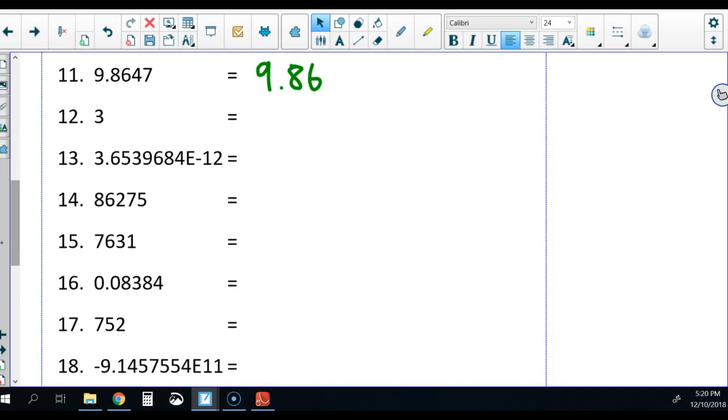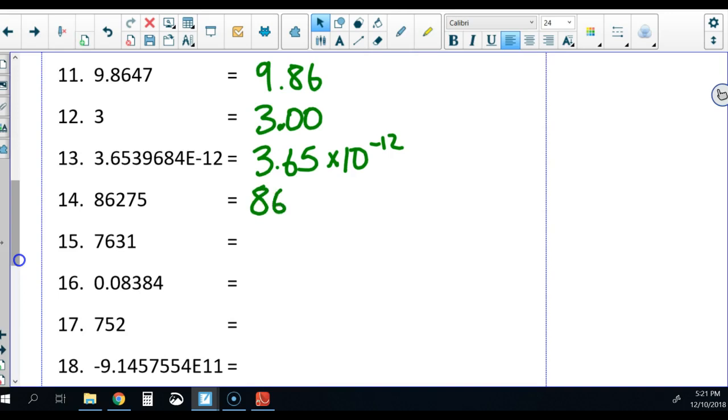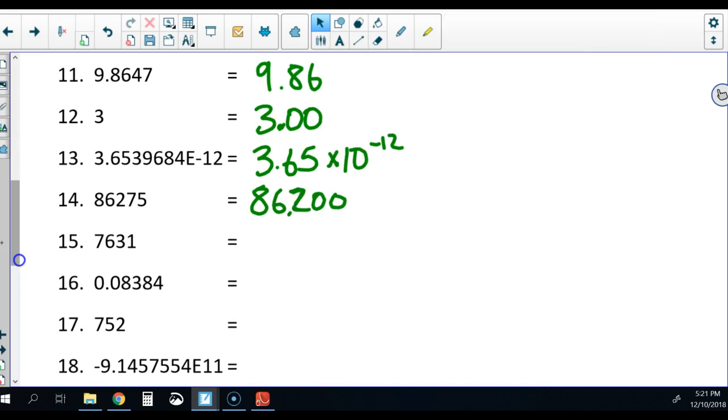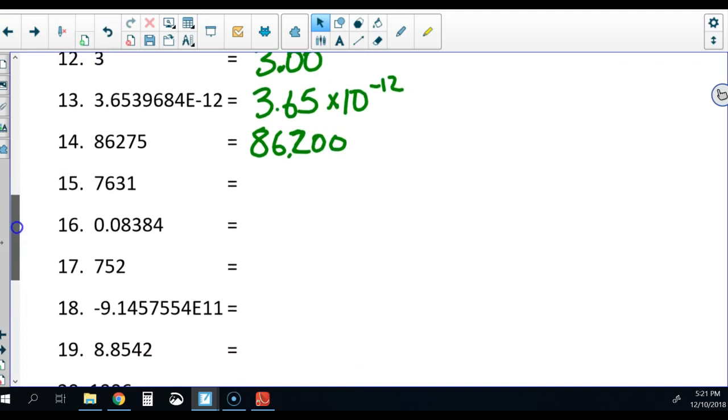Number 12, 3.00. 13, 3.65 times 10 to the negative 12. 14, 86,200. That's it. 15, we have 7,630.